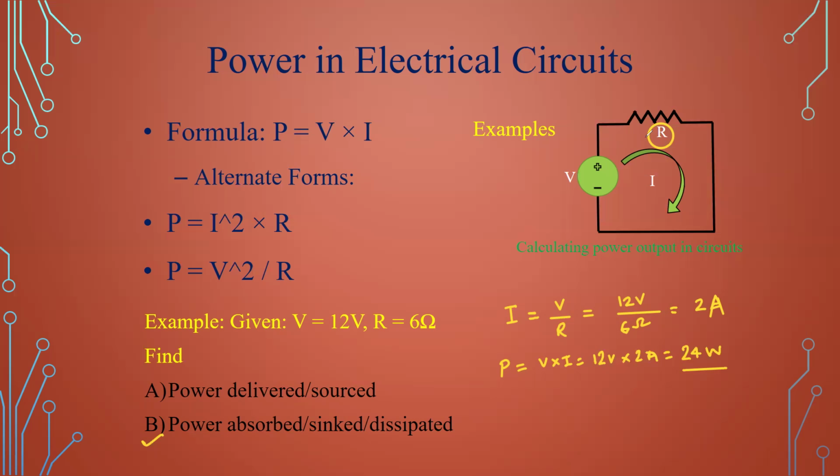Okay, so for power, you have two formulas, that is P equal to I square times R, or V square divided by R. So what you can do here is simply calculate the power in a proper way, that is the power delivered, power dissipated would be I square times R. So I is your 2 ampere, which is 2 square times 6 ohm.